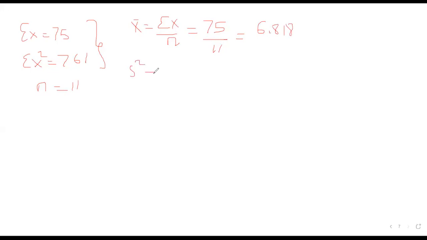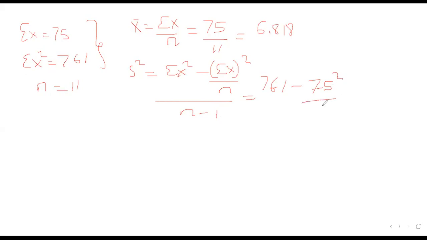Then we also have what is called the variance. The variance is given by this formula: summation of x squared minus summation of x all squared over n, everything divided by n minus 1. So 761 minus 75 squared over our n, which is 11, then here 11 minus 1.